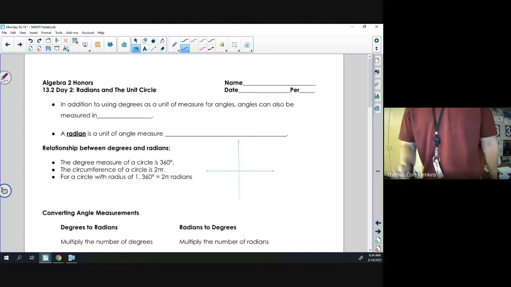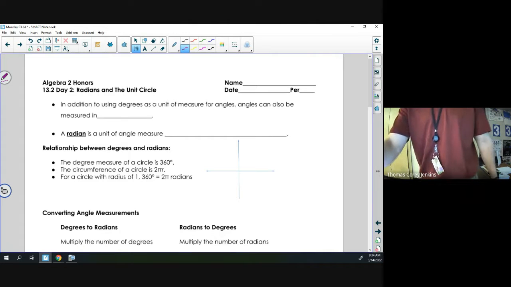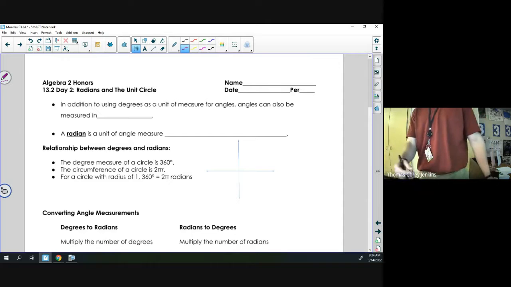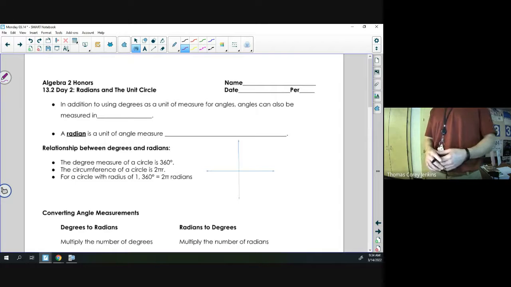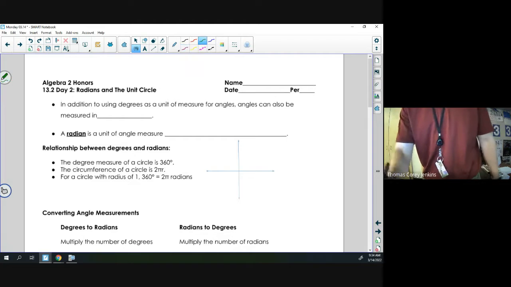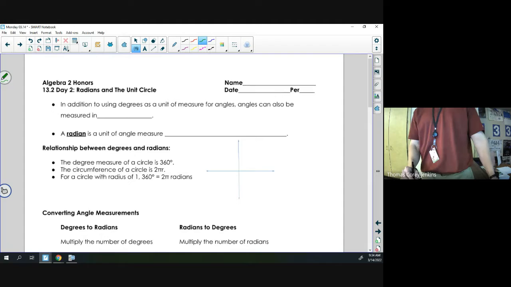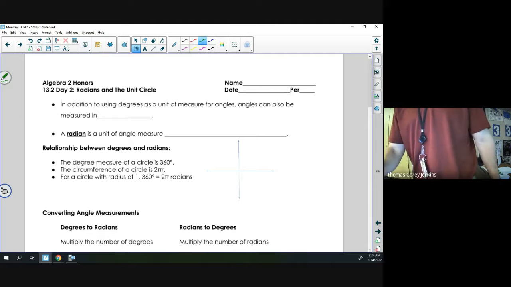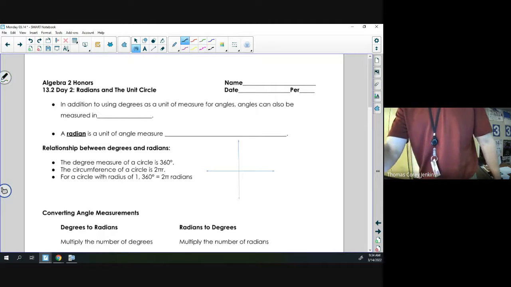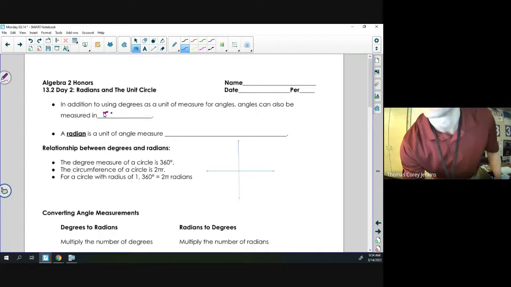Okay, before we do that though, you guys just filled out the unit circle. And one of the measures you probably noticed that made sense were the degrees, but there were also these other measures, and those were radians. It says, in addition to using degrees as a unit of measure for angles, angles can also be measured in radians.